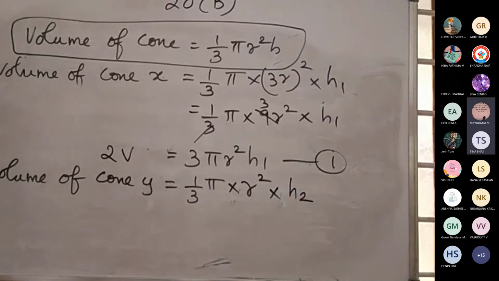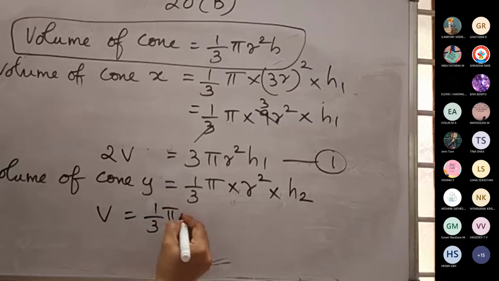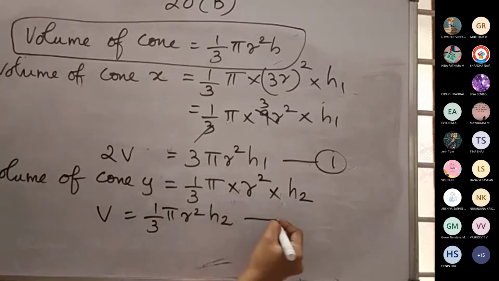We know the volume of cone y is V. So V is equal to 1 by 3 pi R square H2. Let it be equation number 2.